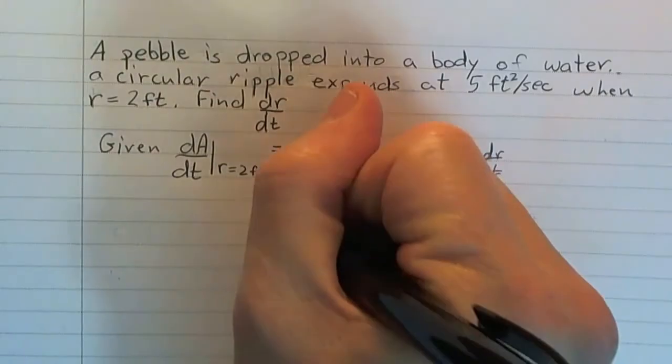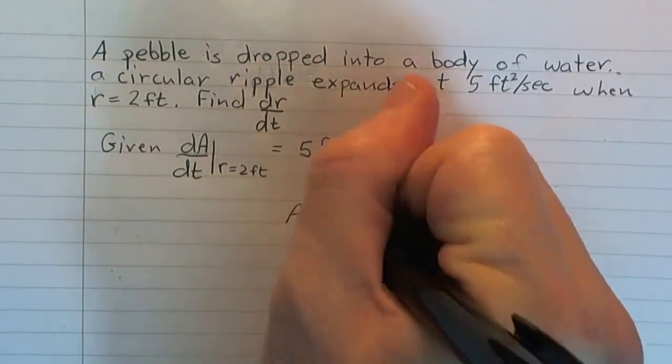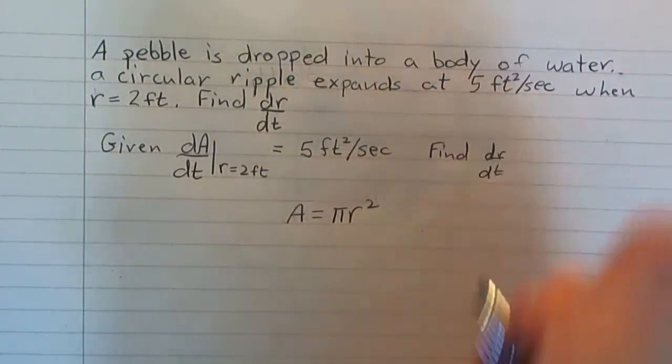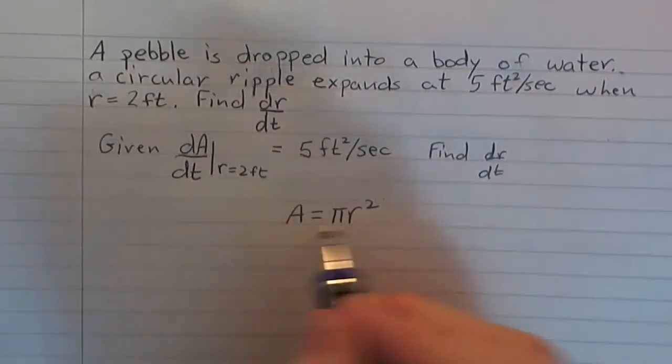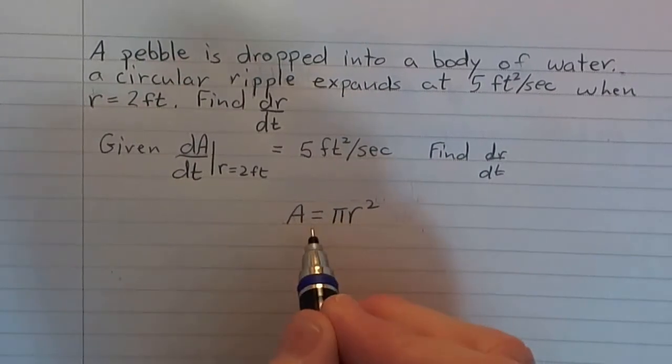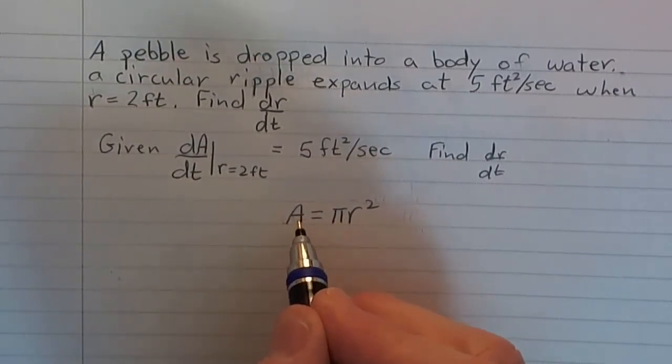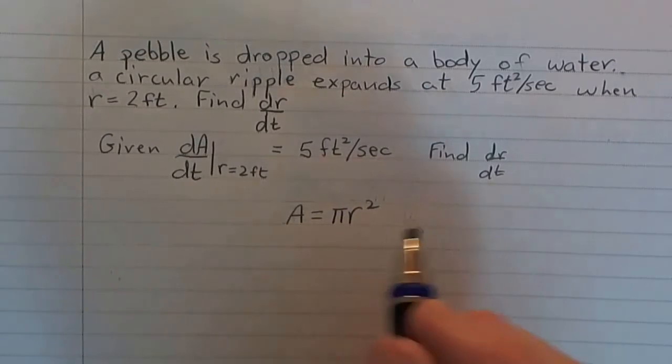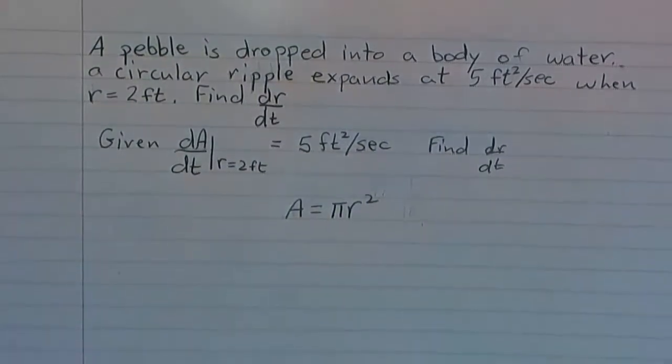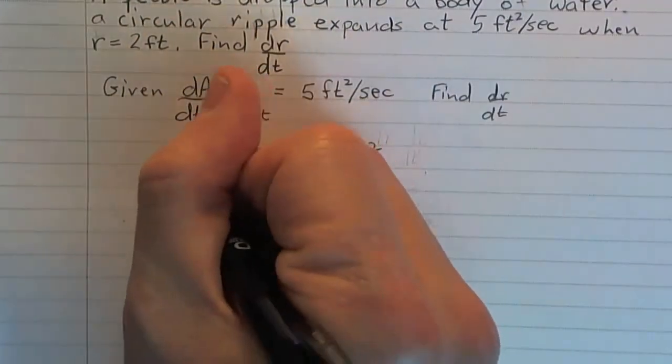And there is. The area equals pi r squared. Well, if that's the case, and it is, then we can find how the rate of change of the area is related to the rate of change of the radius. So let's do that. Here we go.